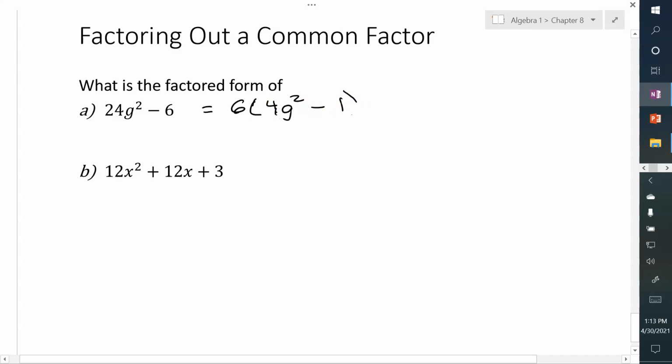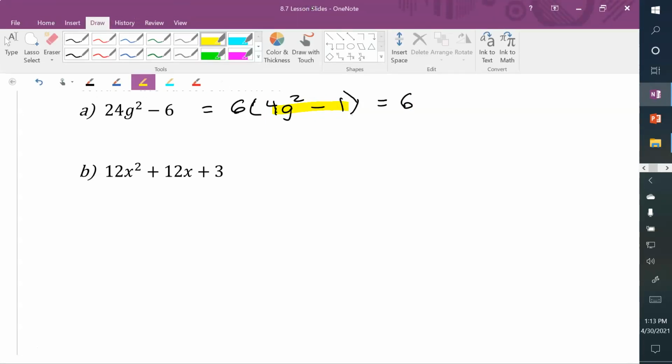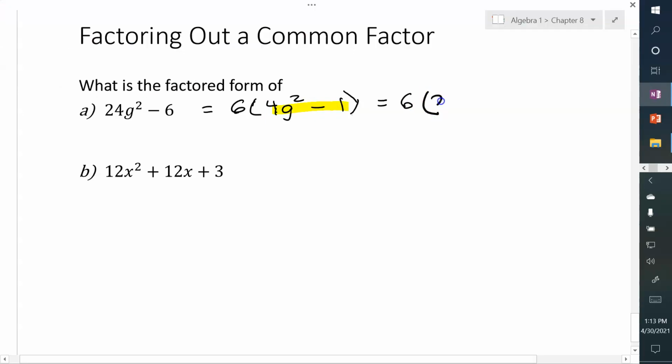Well, check it out. 4g squared is a perfect square. 1 is a perfect square. So I have a difference of two squares. So I can leave the 6 out in front and just factor my 4g squared minus 1. I'm going to do that using the pattern. So 2g and 2g, 1 and 1. 1 is going to be plus, 1 is going to be minus. That's done.